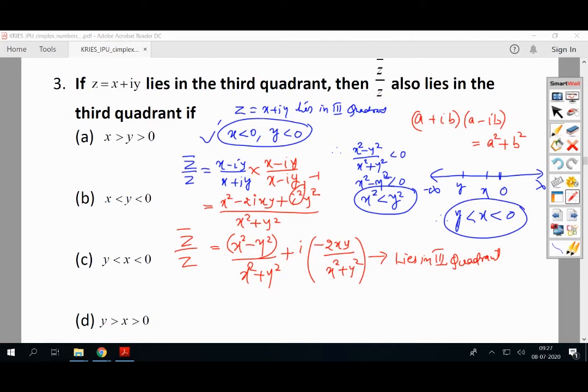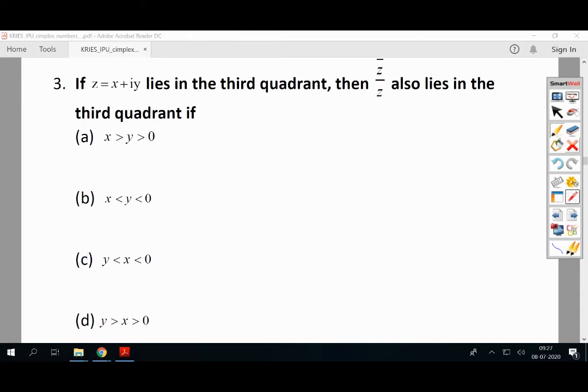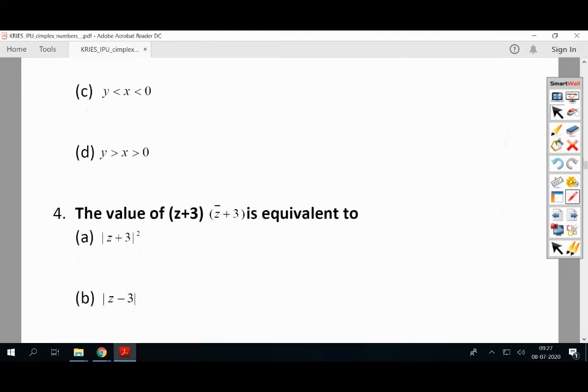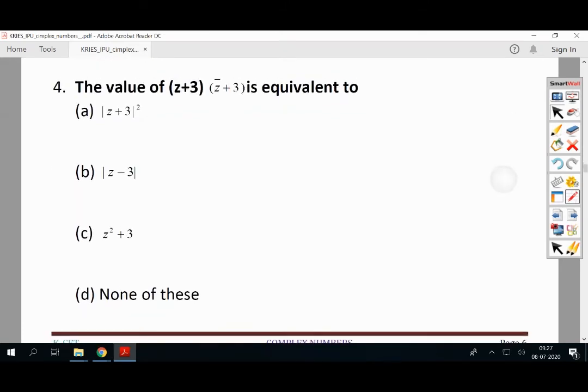Now we'll move to question number 4. And here the value of the complex number z plus 3 into z bar plus 3 is equivalent to, it says. Look, when we solve this regularly, let us take z is equal to x plus iy.